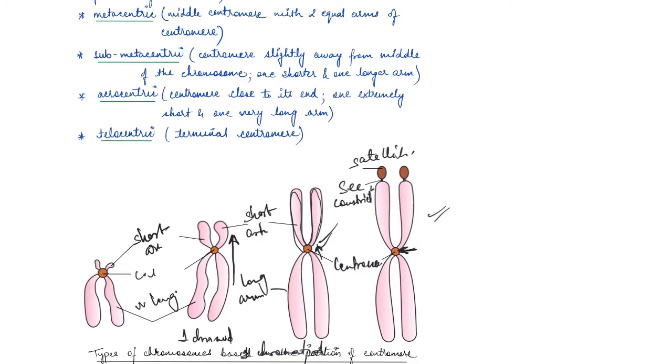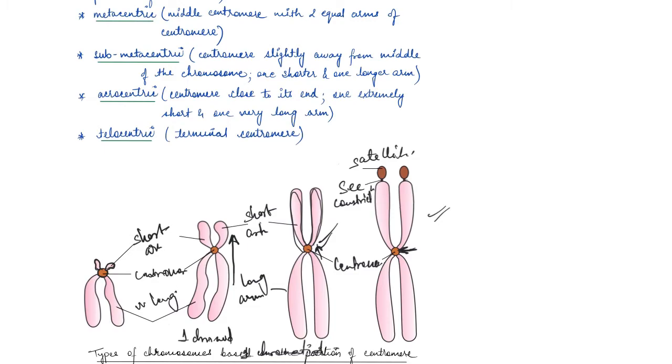So this is the centromere, right? And the last one is telocentric. Telocentric means terminal centromere. In telocentric, it shifts even more towards the shorter arm, and it's almost at the terminal. So here you see the short arm is so short, teeny tiny, right?